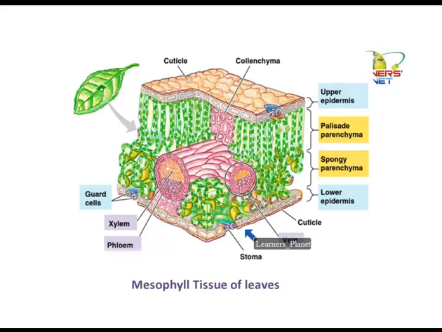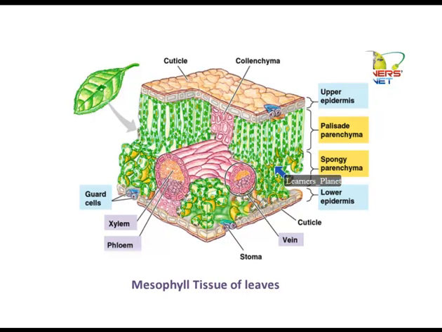So the uppermost layer of the leaf is epidermis, and of course at the bottom side also you can see this brown line here. This is known as the lower epidermis. Externally to the upper epidermis, it is covered by another protective layer which is known as cuticle.